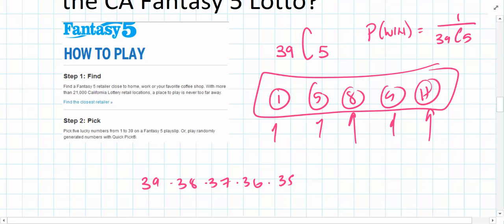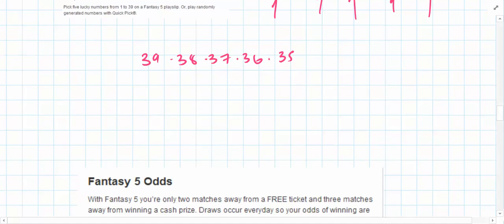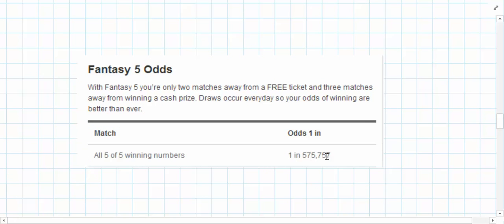Is that what you guys did? Okay. What is that actually doing? That's putting them in a certain order on a shelf. That's different than choosing 5 in any random order. So you guys were right, and I have verified that you are right because I pulled this straight from the website. So you got 575,757.